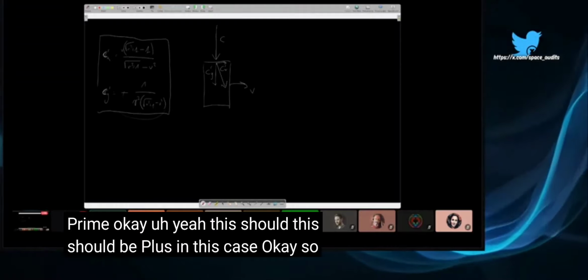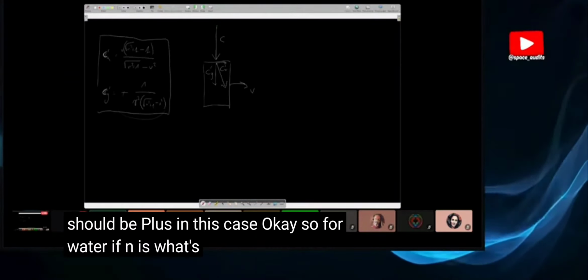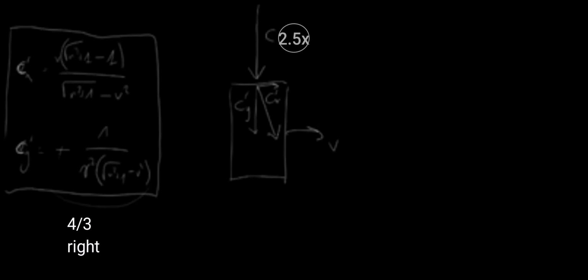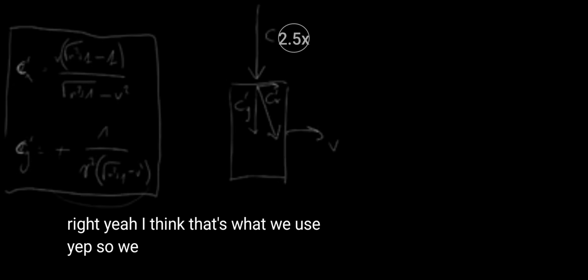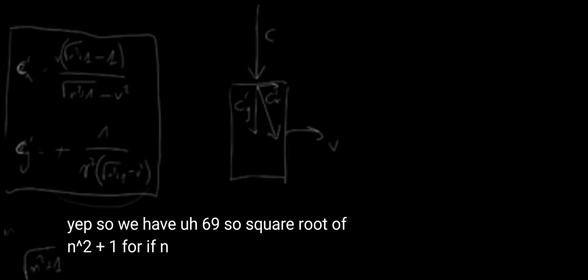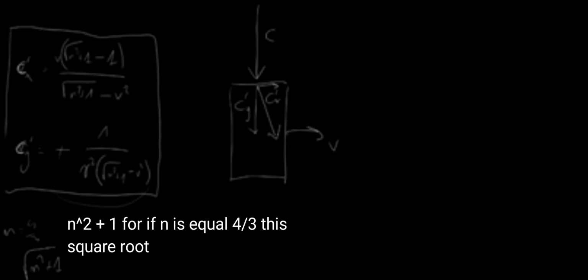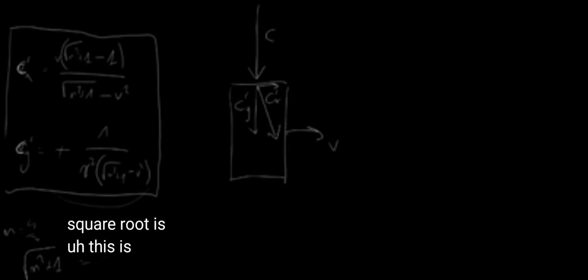Okay, so for water, what's n for water, like 4/3, right? Yeah, I think that's what we use. Yep. So we have the square root of n squared plus 1, for n equal to 4/3, this square root is 5/3, minus 1, so that's 2/3, and this is 5/3.